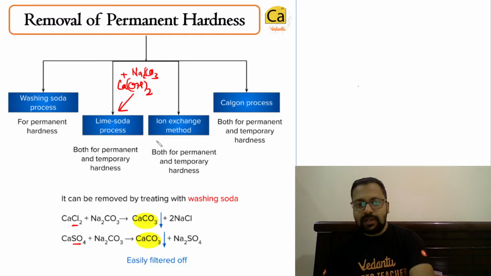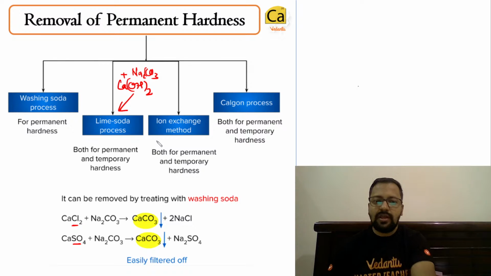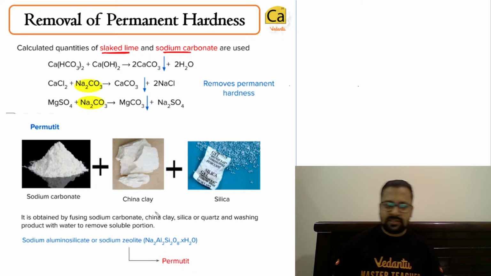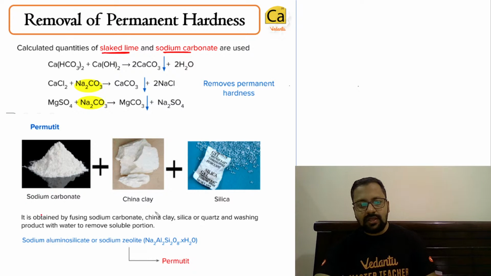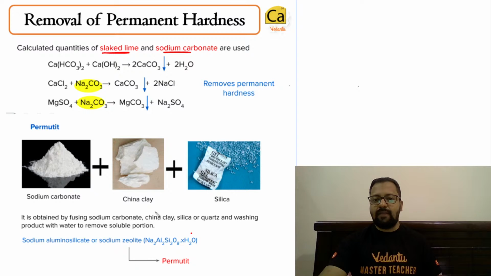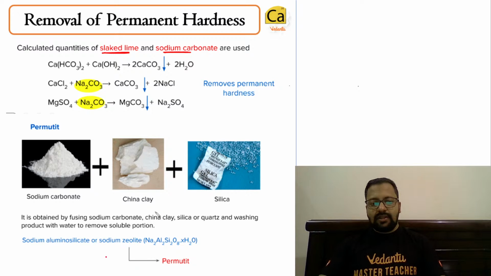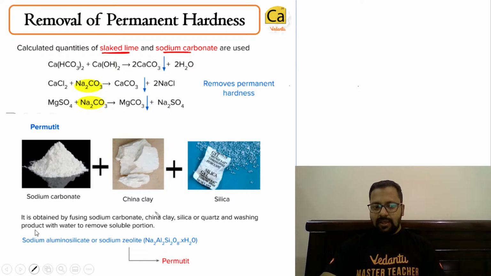The next one is the permutit process. Permutit is obtained by fusing sodium carbonate, china clay and silica, and it is usually sold in the market as permutit.